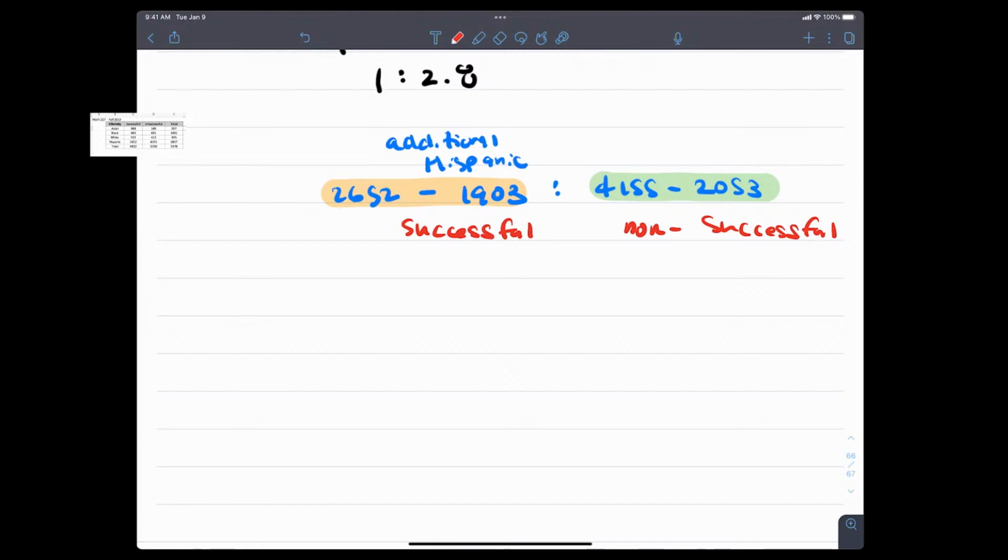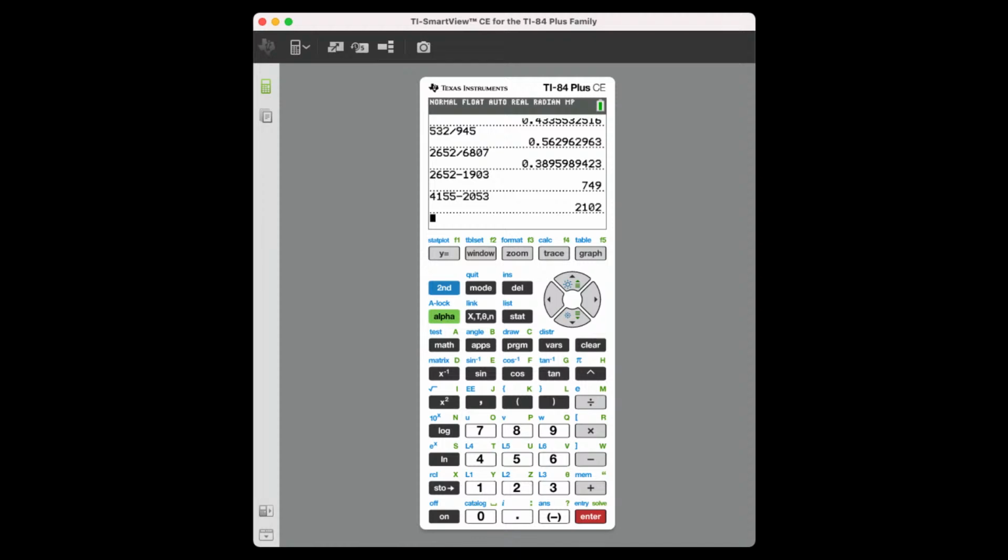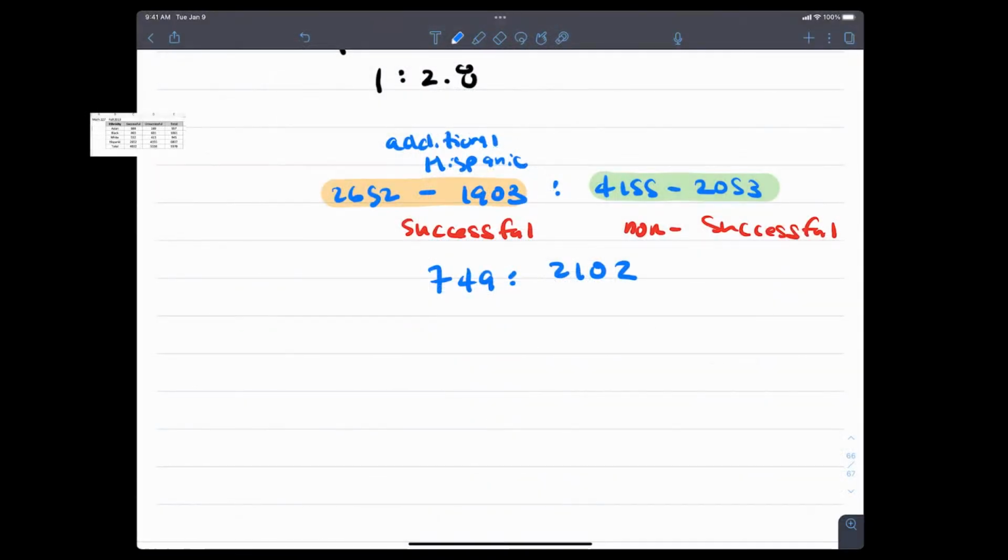So if I get those values here, 2652 minus 1903, 749 additional Hispanic students got through. How many additional did not get through? 4155 minus 2,053. So I'm sharing this with you guys here. That's 2,102 did not get through.